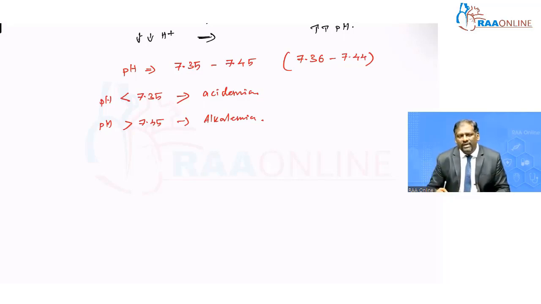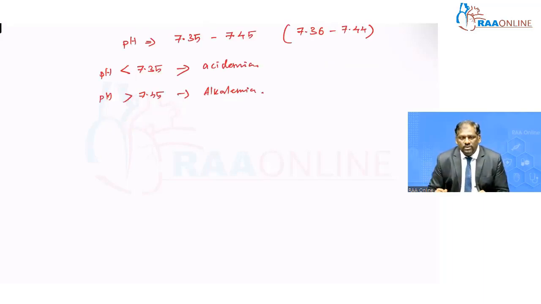Now that we have seen the pH, the two important processes, acidemia and alkalemia, and the range of the normal physiological pH, we move on to the mechanism by which this narrow pH is getting maintained in your body.